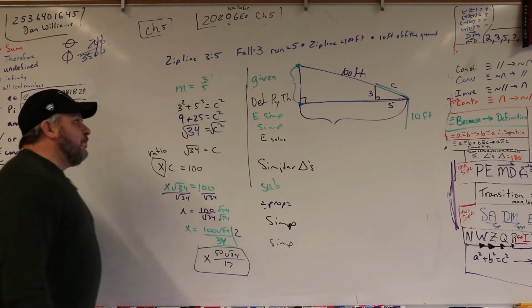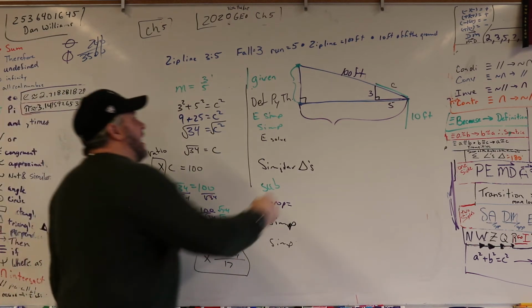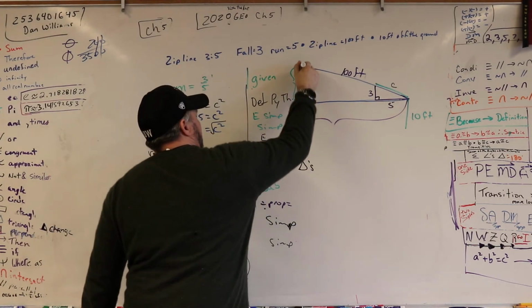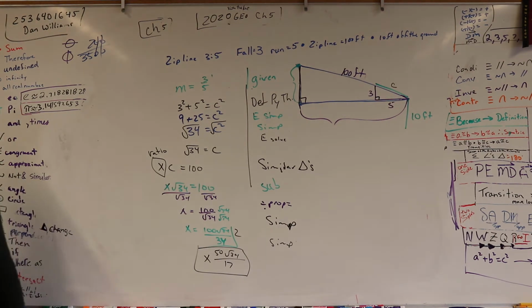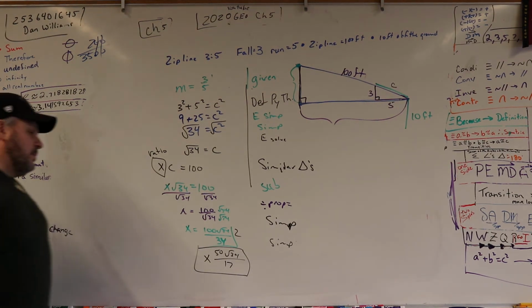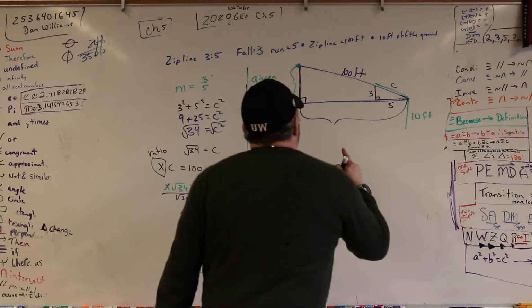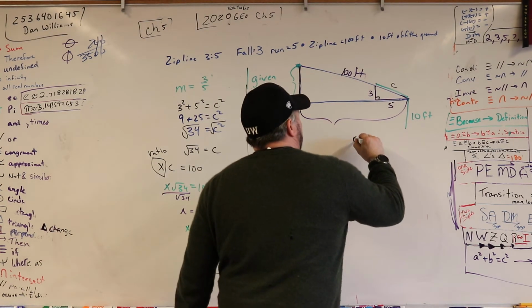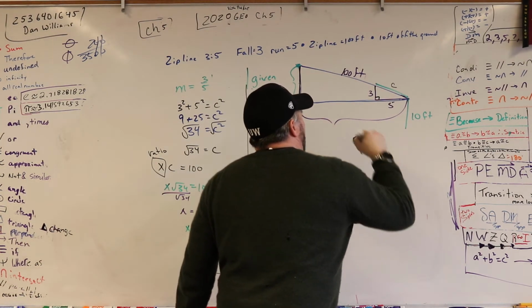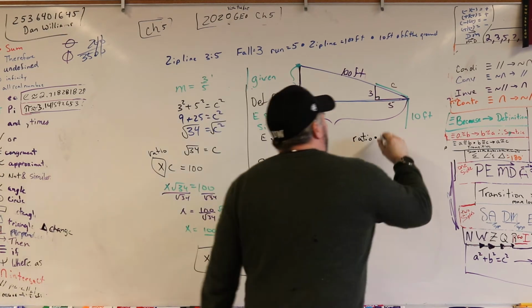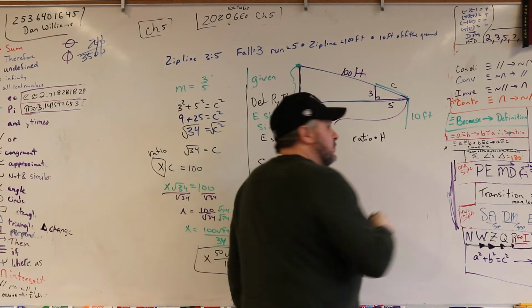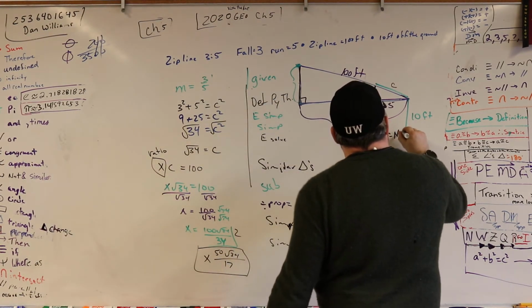So, how do we find this height? Oh no, we're close. Remember, if you take the ratio and you multiply it by the height, you'll get the new height.